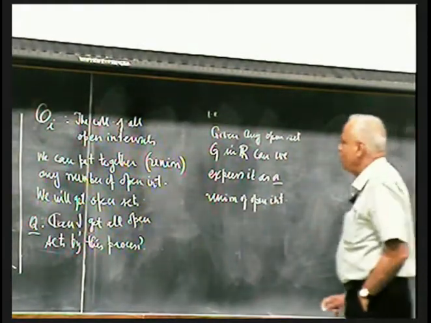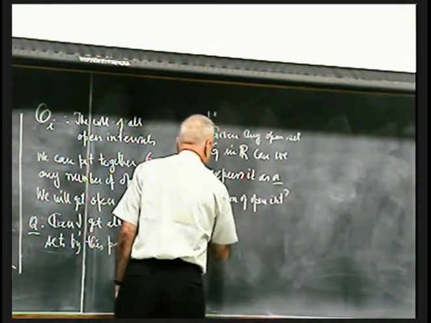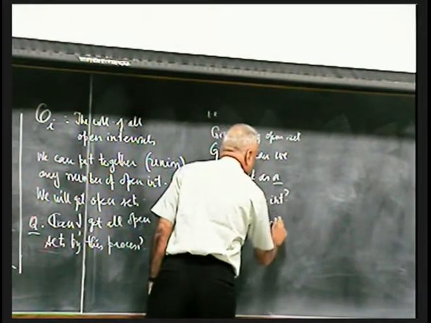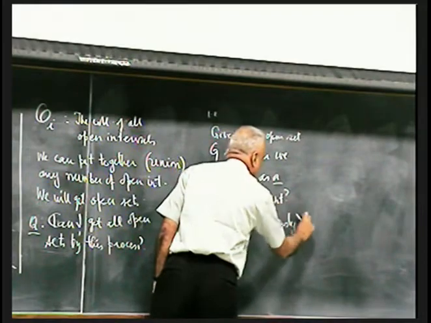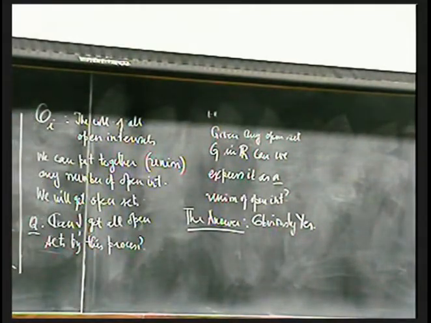The answer is obviously yes. So whenever an analyst, and in particular a mathematician in general, says obviously yes, it means there may be a few lines that you will have to write, and I am lazy to write that, that's all.